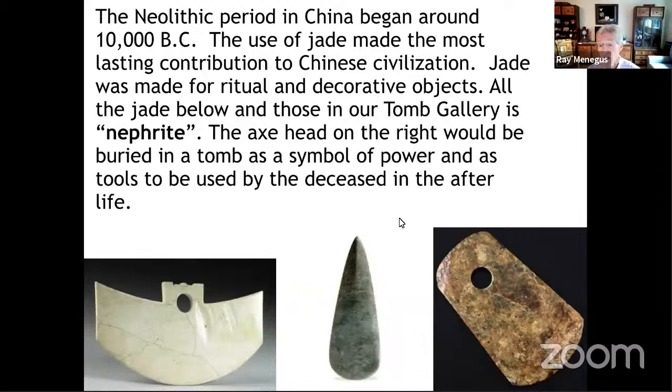In fact, everything in our collection in the tomb rooms and also in the magnificence of China is nephrite, as distinguished from jadeite, which is another form of jade, and I'll be talking about the differences in a little bit. So the axe, if an axe was buried, that would have been the symbol of power or tools that the ancestors, the deceased ancestors, could use in the afterlife.